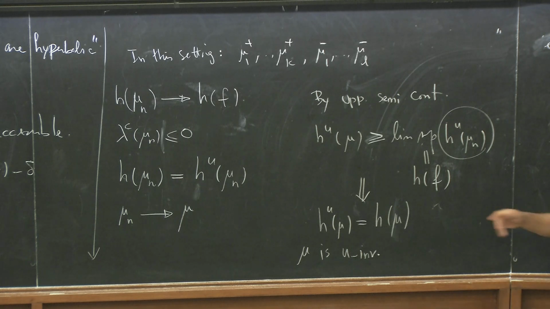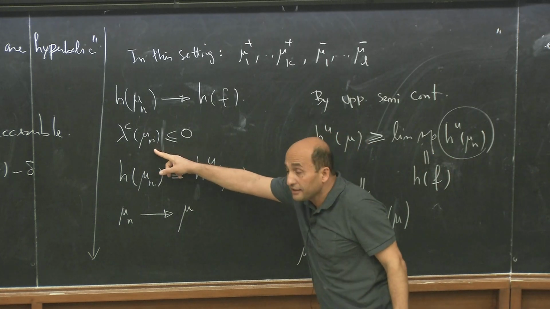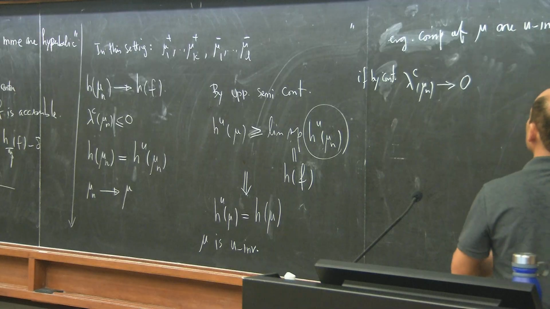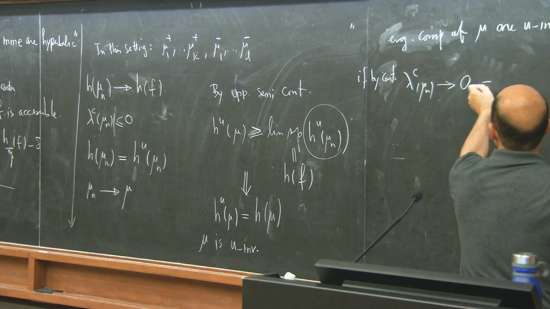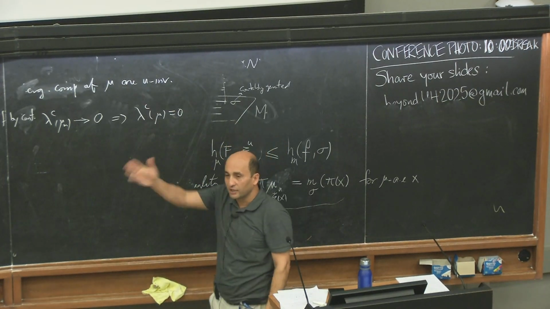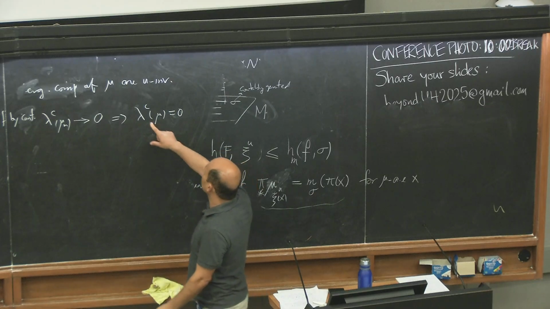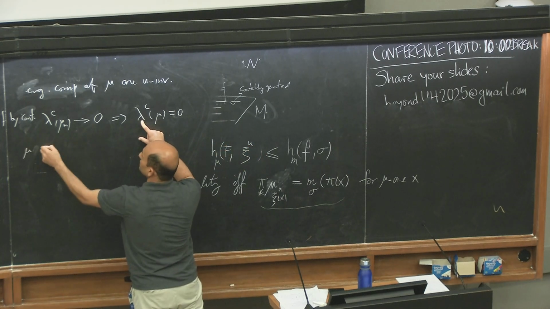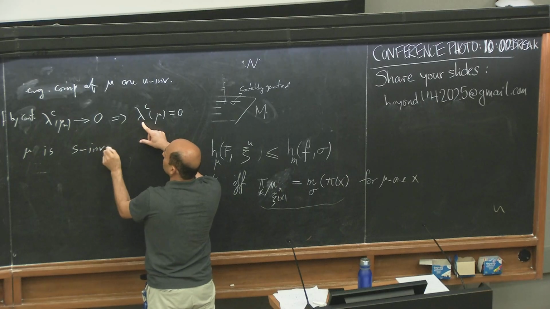Now, by contradiction, suppose the center exponents of mu_n go to 0. This means that the center exponent of mu is 0, and you have one dimension. So again, applying the invariance principle, mu is also S invariant.